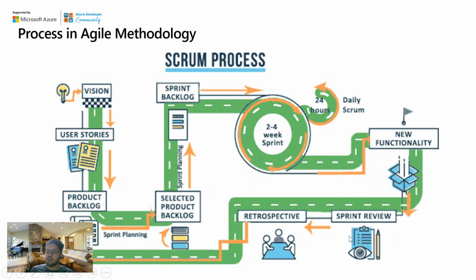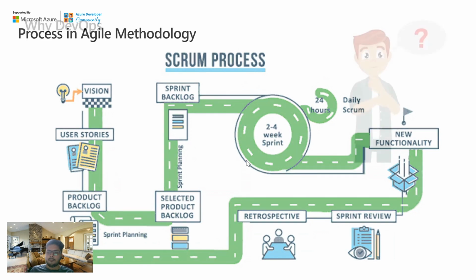And then we have a retrospective, wherein we take feedback from the engineers on how the sprint went, whether any improvements are needed, or anything the complete team is lacking, and things like that are discussed. And then the cycle goes on again and again until the complete web application, which is the ultimate goal, has been achieved. So this is how the Scrum process within Agile methodology works.